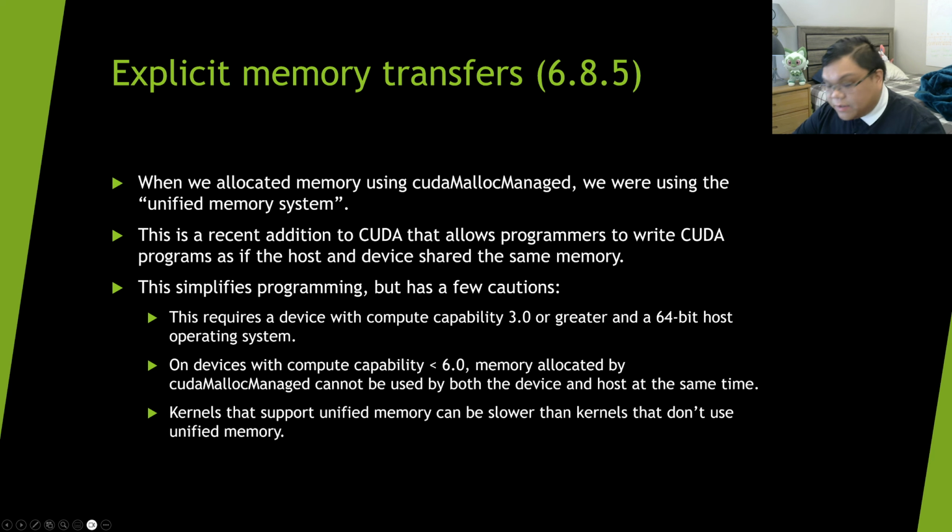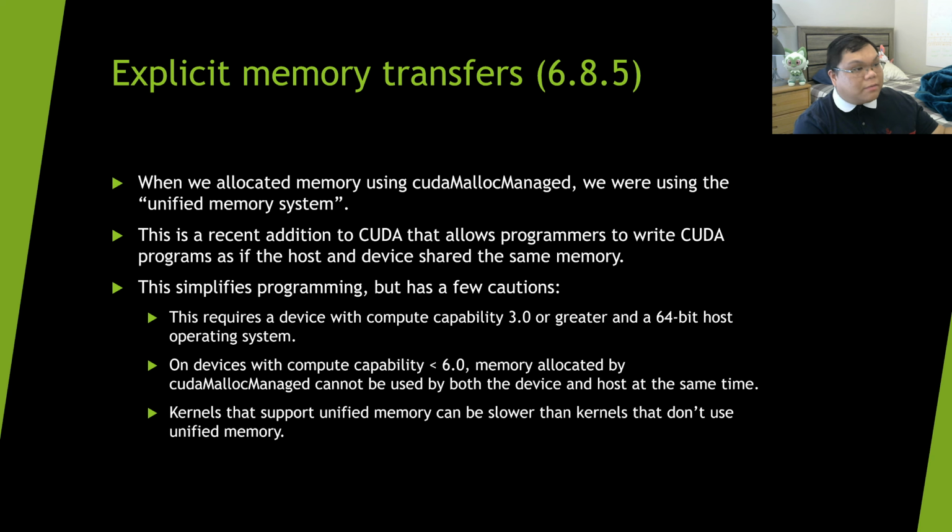Explicit memory transfer. So this is section 6.8.5. When we were allocating memory using a function called cudaMallocManaged, this is part of what's called the unified memory system. This is a recent addition to CUDA. Remember that we are writing programs that are meant to be run on two different architectures.